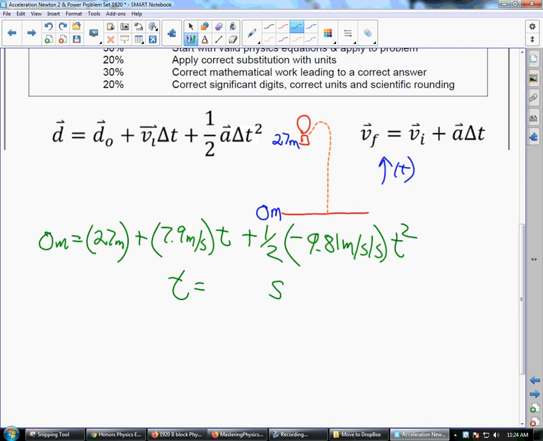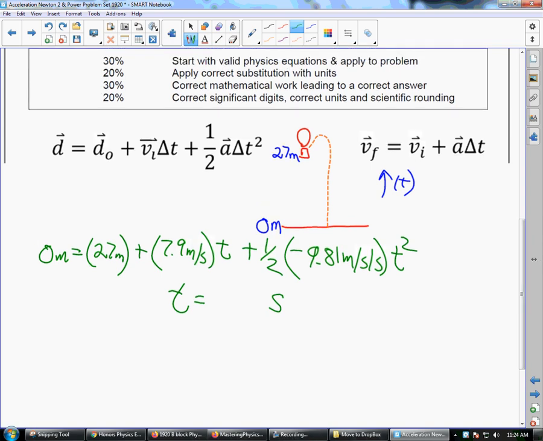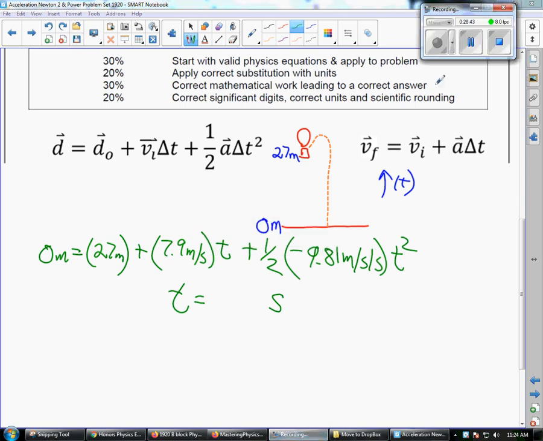Negative. So you should get a negative answer for the second part. If you don't, check your sign, because it doesn't mean your value's right. On these, it's really important that you get your signs right the whole way through. All right. I think you can do it from there, right?